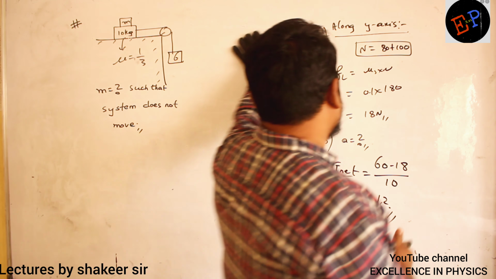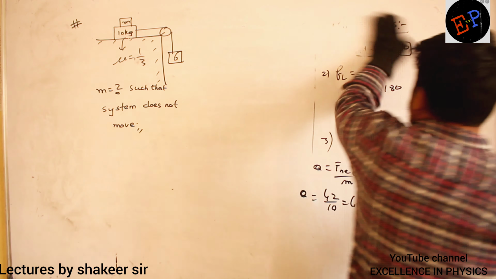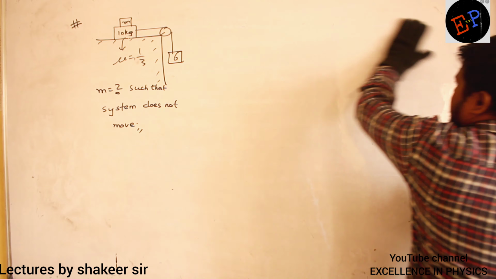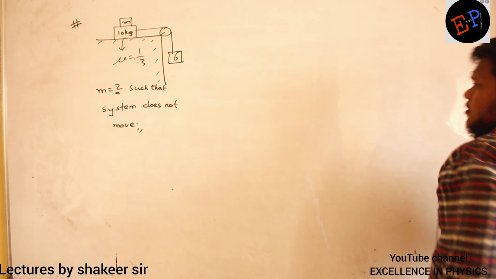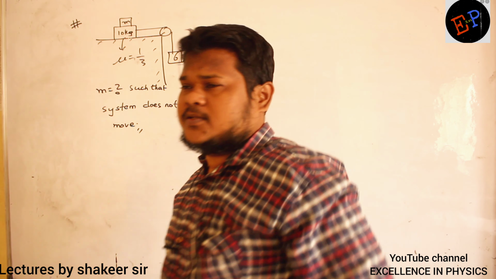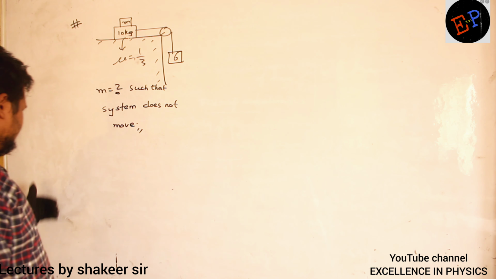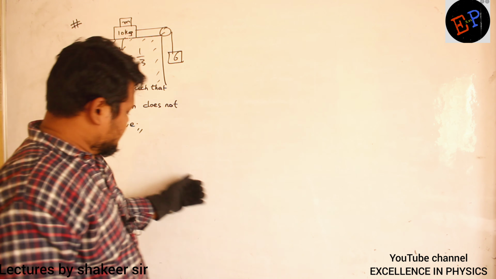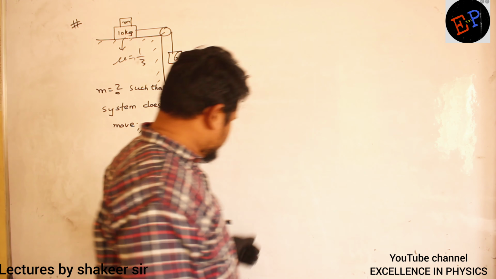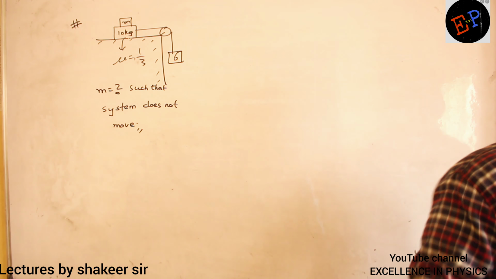That is the question. Come on. I want the 10 kg body to not move. Then what is the mass small m I have to place on the 10 kg body?